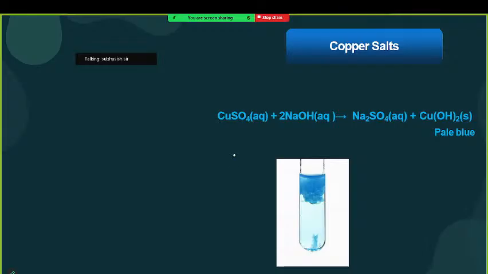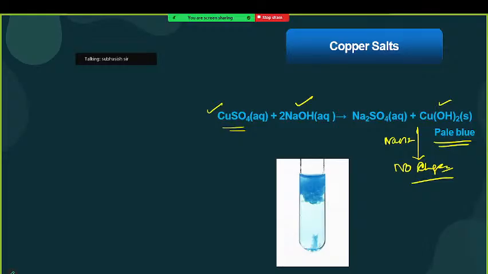Here a small amount of sodium hydroxide is added to copper sulfate solution, and you get a pale blue precipitate of copper hydroxide, which is insoluble in excess sodium hydroxide. When excess is added, there is no change. So this is another confirmatory test of copper ions.